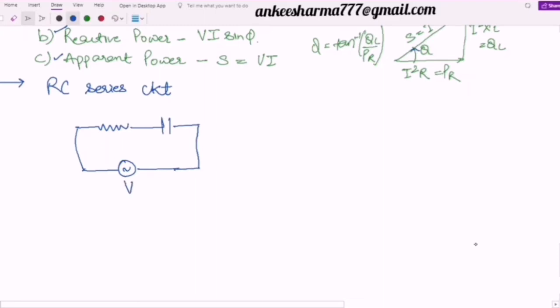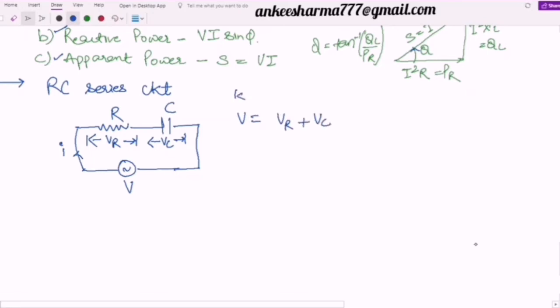Let us assume this is V, this is the current I, similar to the previous one. This is R and this is C. I will assume the voltage across this resistor to be VR, and across this capacitor is VC. Now again, by applying KVL, I will write directly that V is equal to VR plus VC.